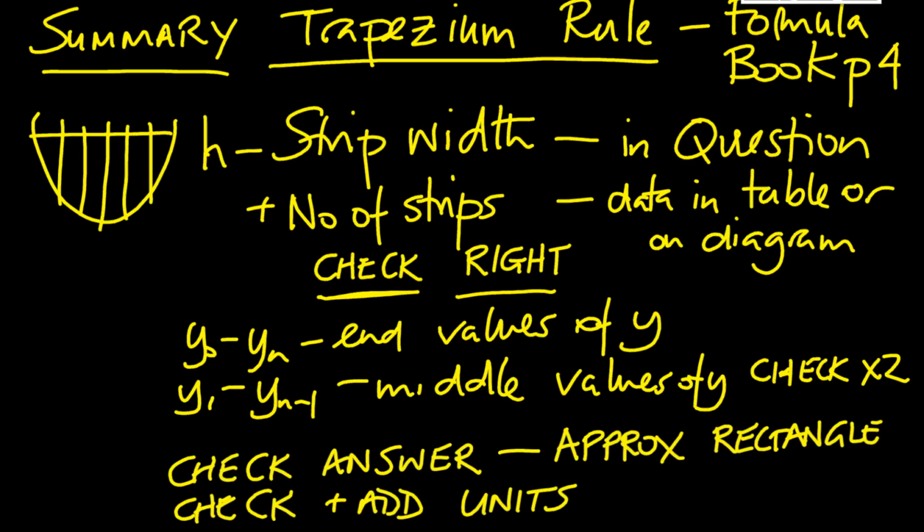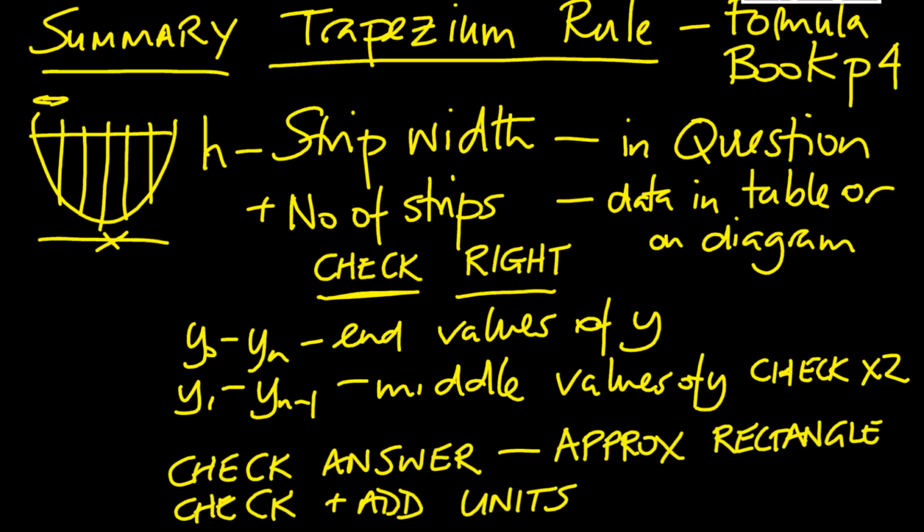Let's bring one of the little strips. Then work out which are your end values, y0 and yn, and add those together. You could use a table if you want, or you could just add them together in a piece of algebra, and then identify all your middle values, y1 to yn-1, so that's all the values other than the two end ones, and add them up, and then check that you've multiplied them by 2.